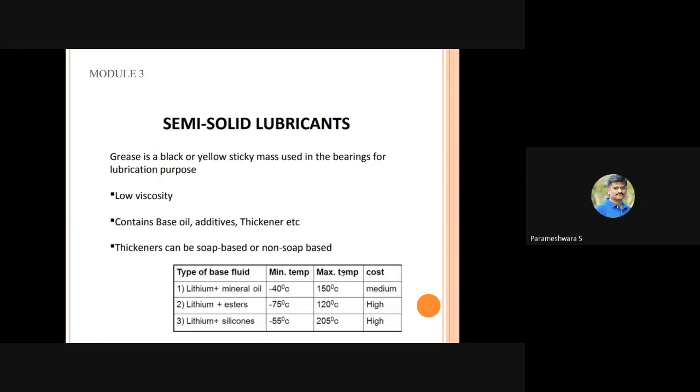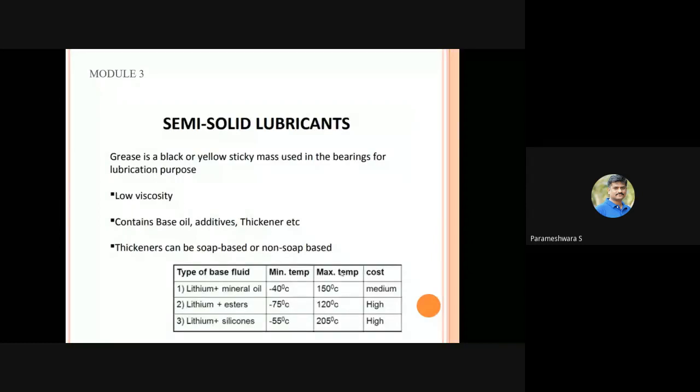Semi-solid lubricants, also called semi-liquid lubricants. The best example is grease. It could be a black grease, yellow grease or brown grease. It's a sticky mass used in bearings for lubrication purposes. These greases are used wherever you cannot use either solid lubricant or liquid lubricant.